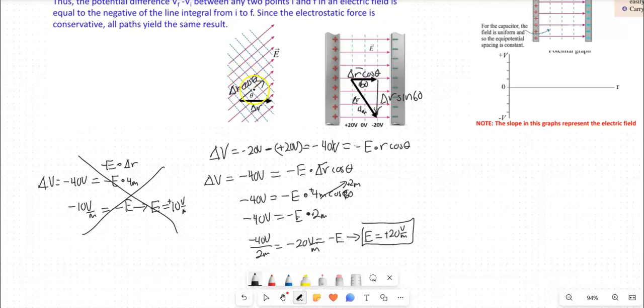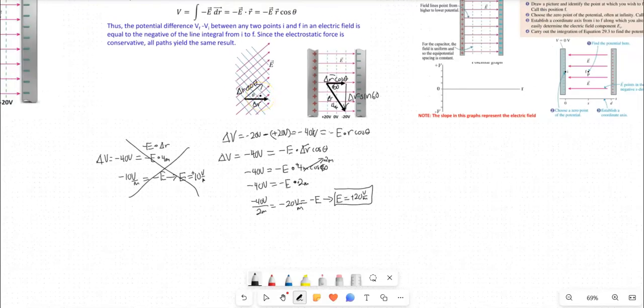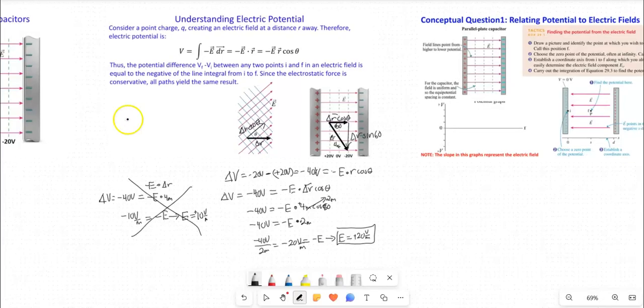So wherever that angle theta is, if the path is not parallel to the electric field lines, you have to find whatever part of that path is parallel to the electric field lines, and make that your change in voltage, right? In this case, that's negative E delta R cosine theta. Okay?